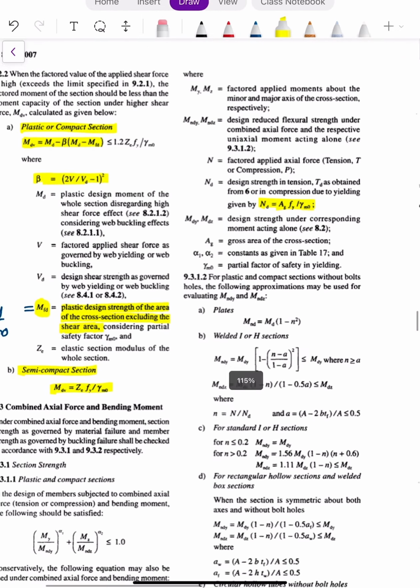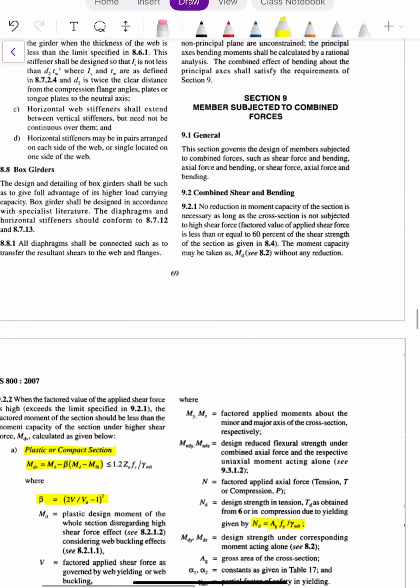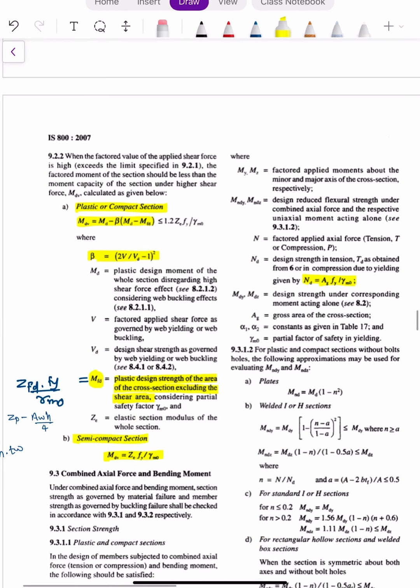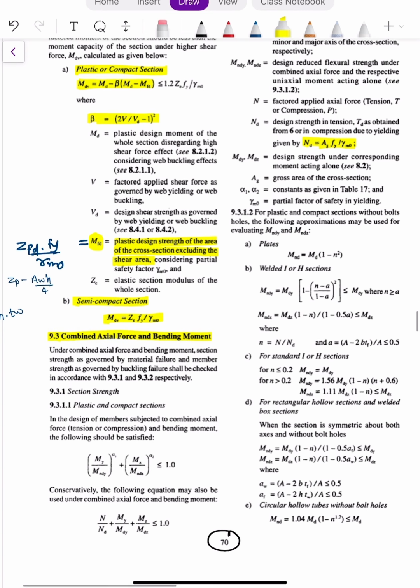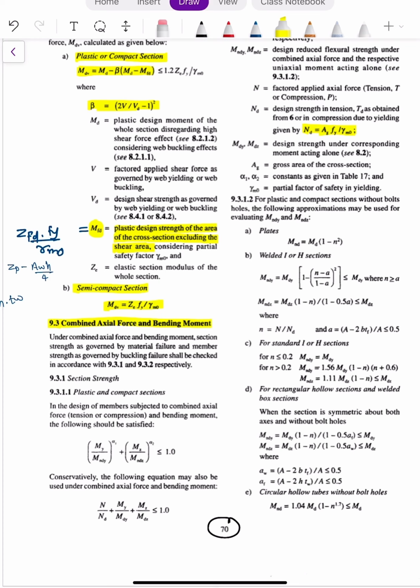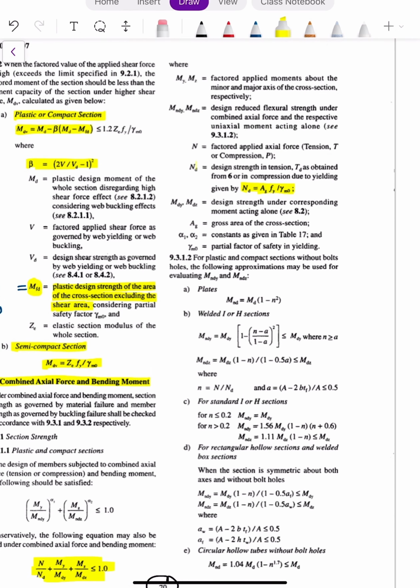Whenever you're solving a beam column problem, please go to section 9.3, where we discuss members subjected to combined forces. In section 9, go to the combined axial force and bending moment section, and there you see the equation. This is the real equation we will use at the end, but we are at the step where we are calculating Nd.